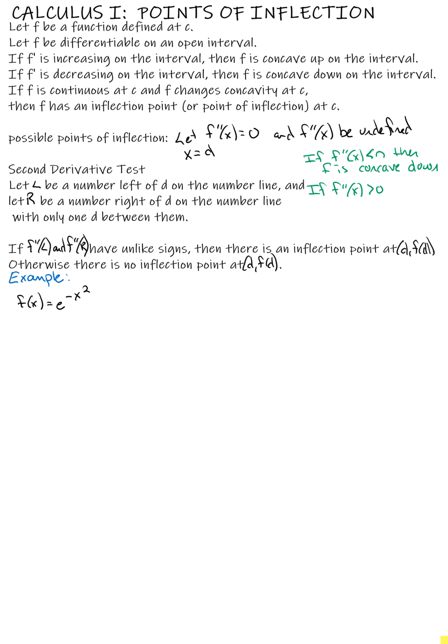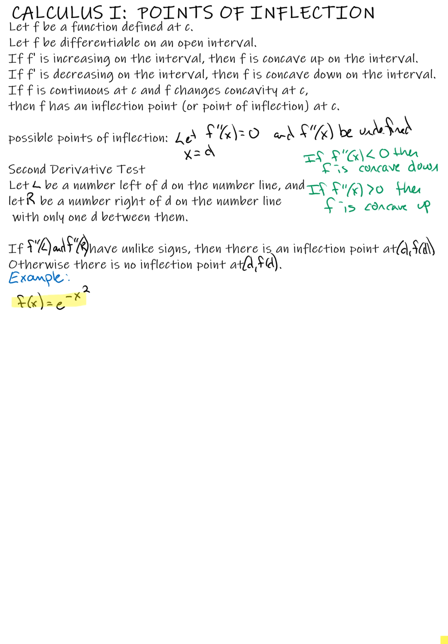Make sure you understand, less than 0 is concave down, greater than 0 is concave up. So again, we're looking at the second derivative. Don't forget about the first derivative. The first derivative told us increasing versus decreasing. But here we're looking at the second derivative, which tells us concave up versus concave down.